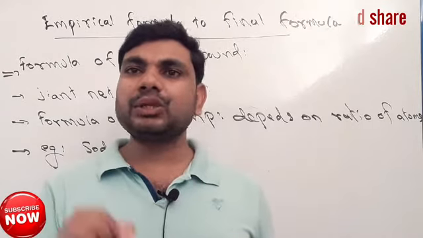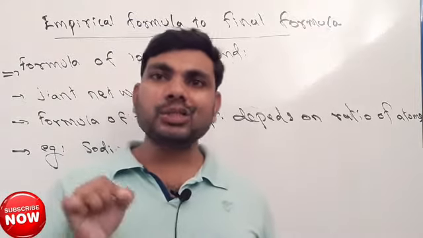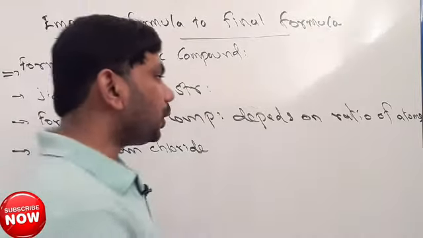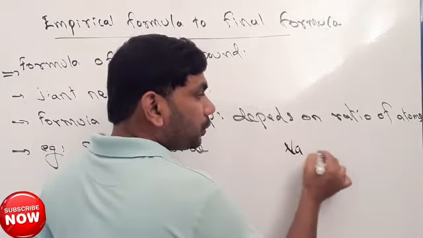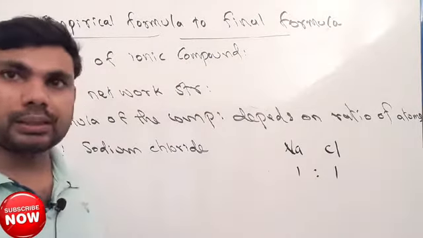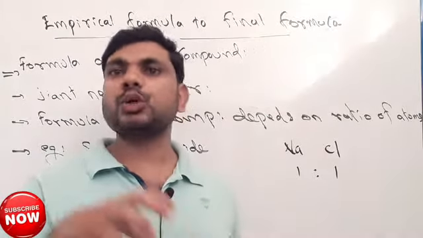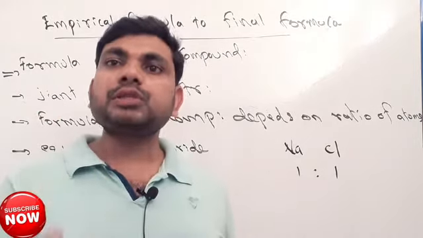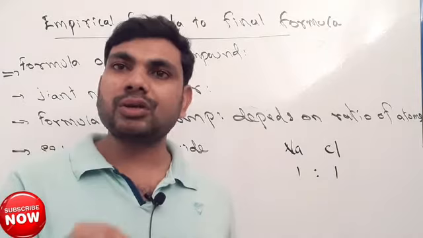In sodium chloride, the ratio of sodium and chlorine is 1:1. But you cannot say one molecule of sodium chloride contains one sodium and one chlorine. It is wrong.